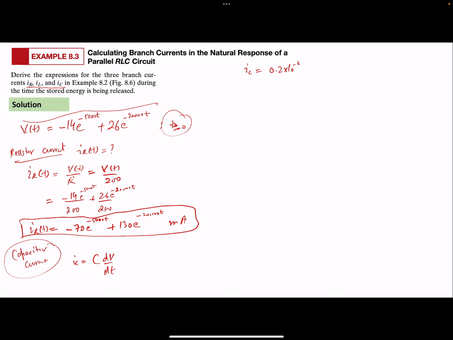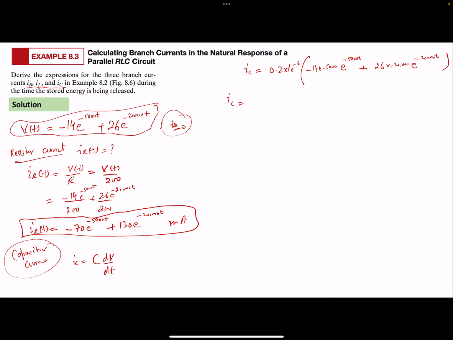If I were to take a derivative of this voltage, I'm going to get minus 14 times minus 5,000 e raised to power minus 5,000 t, minus of 26 plus 26 times minus 20,000 times e raised to power minus 20,000 t.